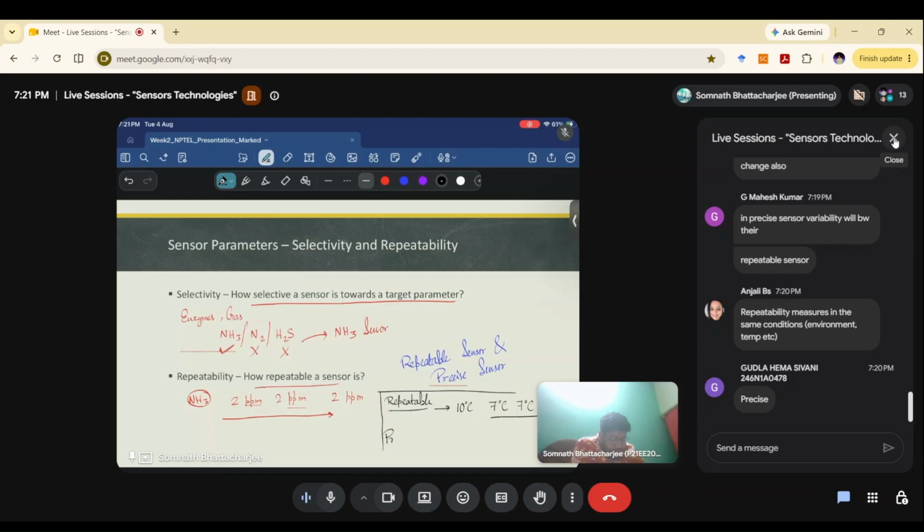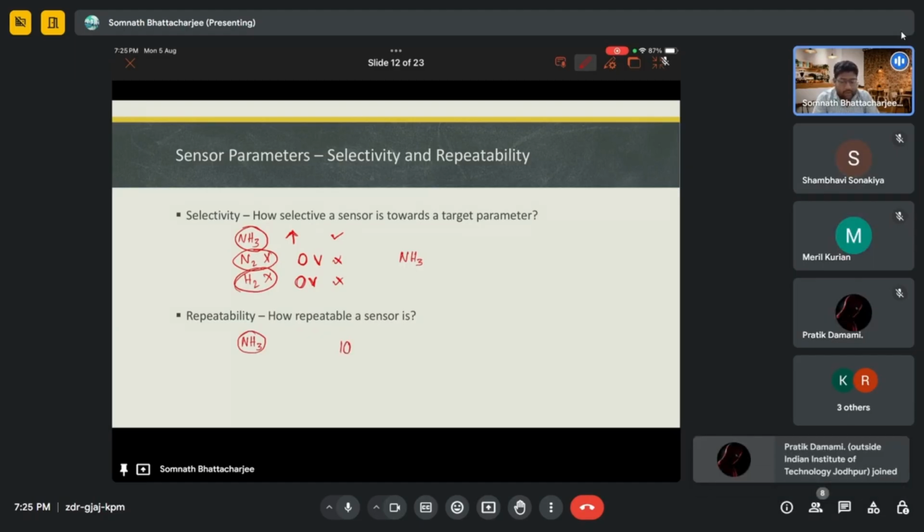Another possible cause of this noise is its own. I want to know how many particles of NH3 are present there. So in the first case it gives 2, while in the second case it gives 3 only. So it is not a repeatable sensor.